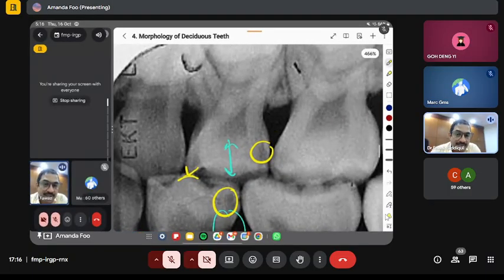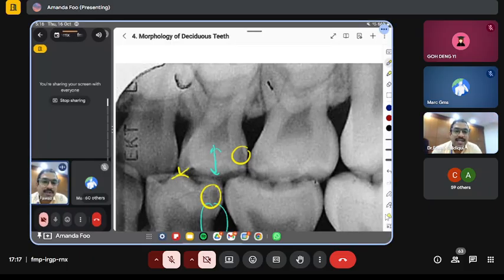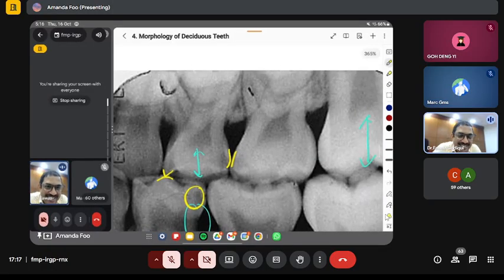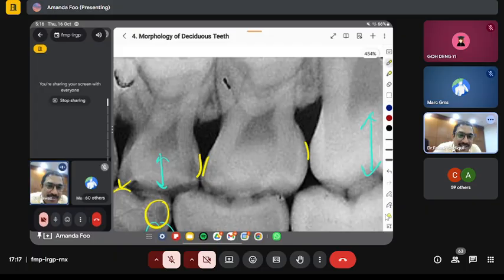Not occlusally, interproximally, the contact between the primary first molar and the second molar is more or less flat, as compared to this one, which is more point-like.